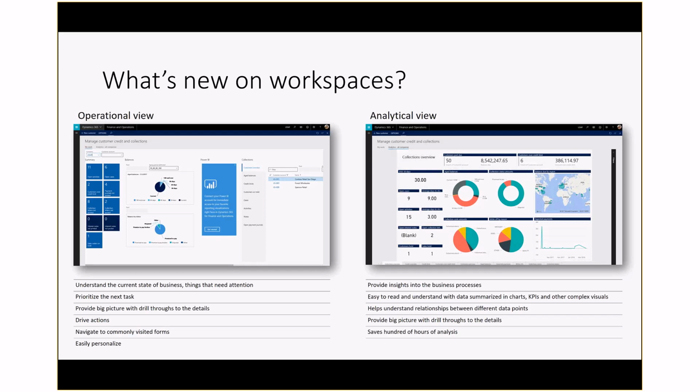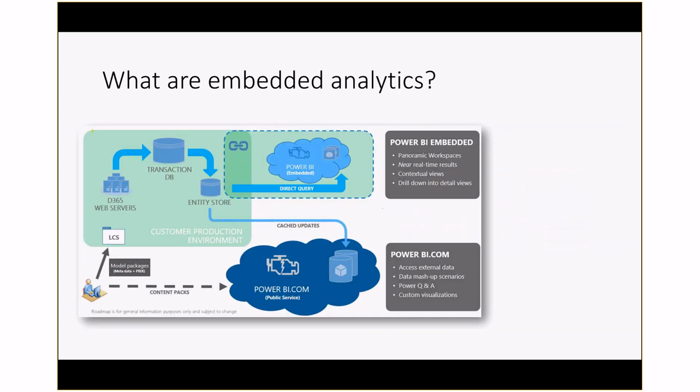This already existed. Since Update 1, you had the ability to create perspectives, to take the data from the transactional database, manipulate it, aggregate it, and push it into the AX data warehouse, that is the entity store. You could build Power BI reports using the schema and data in the entity store.